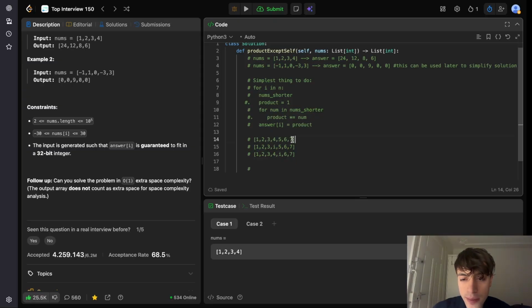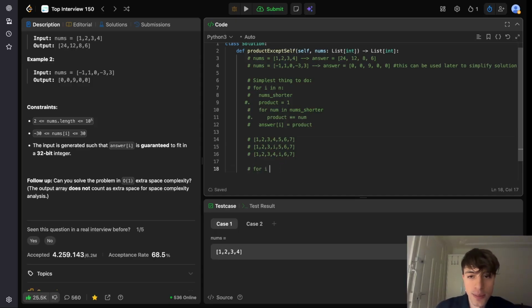At the same time, once we are in a new for loop, we multiply by 1, 7, 6 times 7, 5 times 6 times 7, 4 times 5 times 6 times 7, 3 times 4 times and so on, and 2, 3, 4, 5, 6, 7. So basically we do the prefix and the suffix in 2 different for loops.